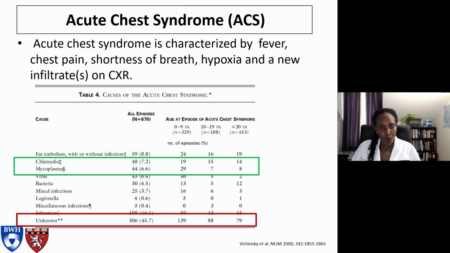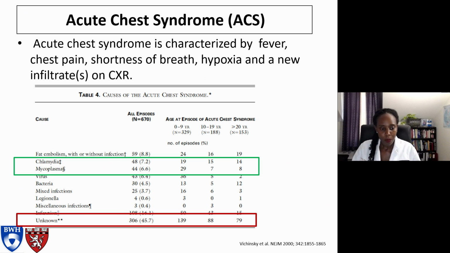I'm showing this table from a randomized trial on patients who had acute chest syndrome. Acute chest syndrome is characterized by fever, chest pain, shortness of breath, hypoxia, and new infiltrates on the chest x-ray.